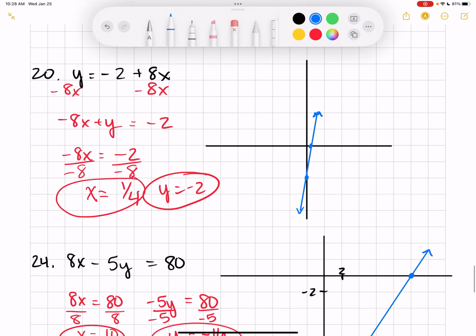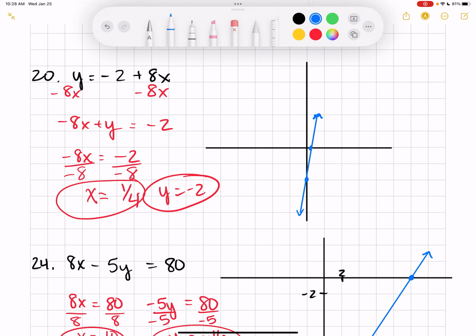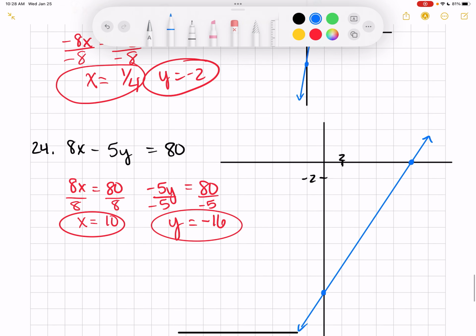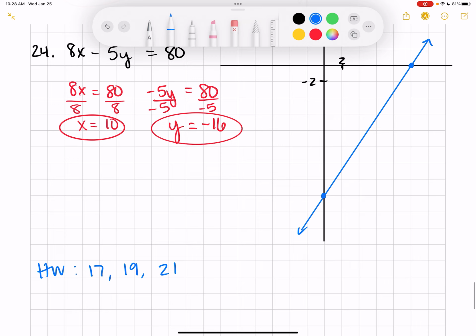So again, just treat it like we did when we got the 1/4. Just get it approximately where it would fall. And 23 will be the last one.